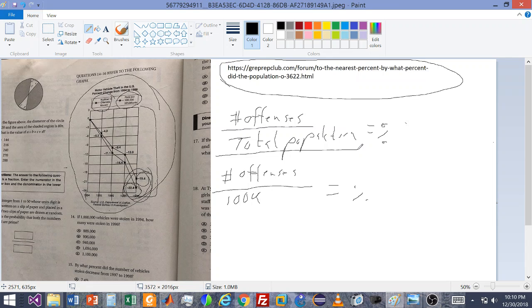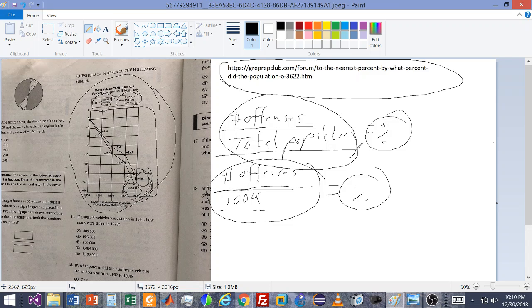So first of all, what I'm saying is, because these both equal the same percent, since the number of offenses per 100,000 people is a sample of this, alright? And this number of offenses known is this number, okay? And this whole percent is this number.